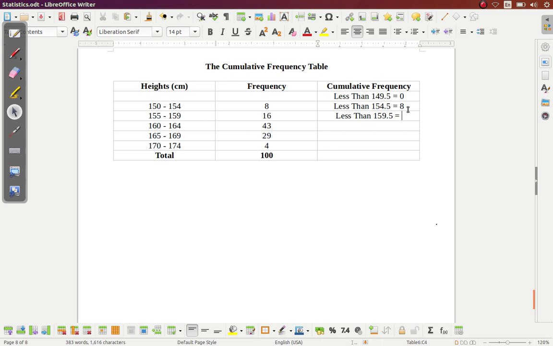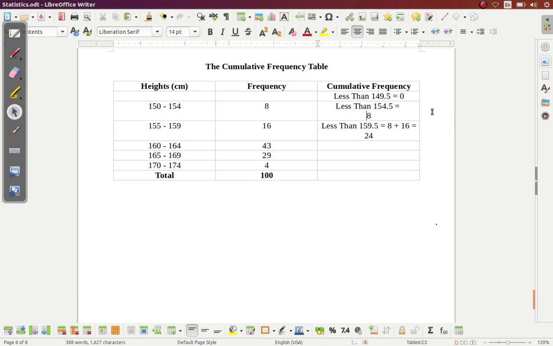So it's going to be 8 plus 16, and that gives you 24. That's the idea.